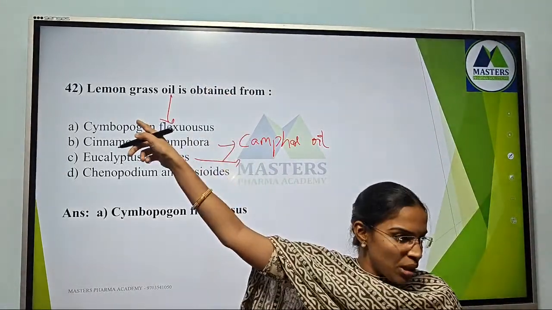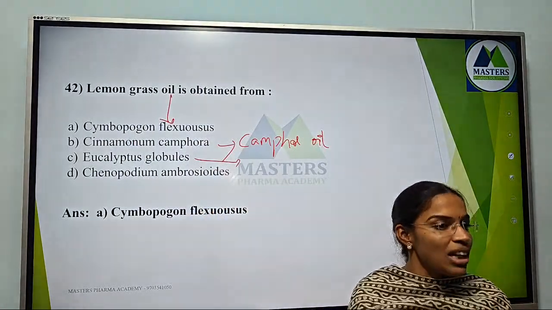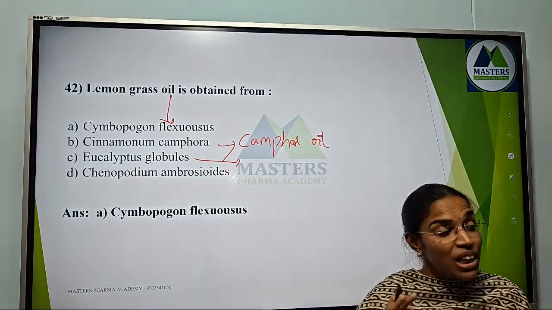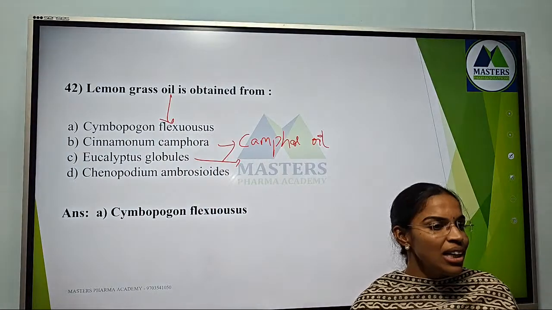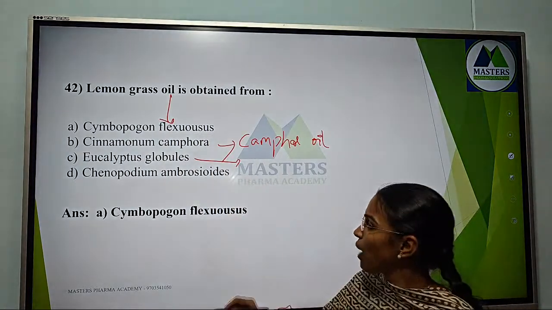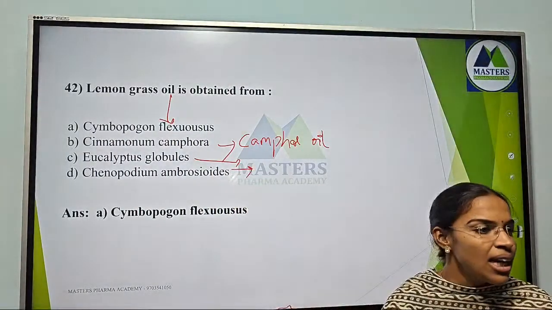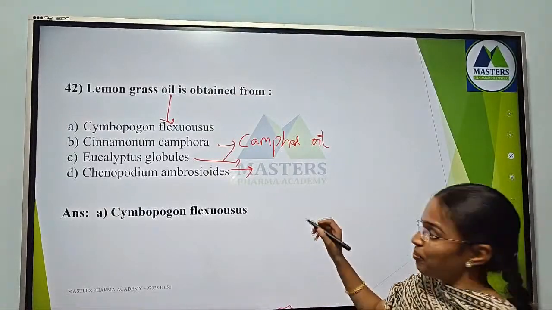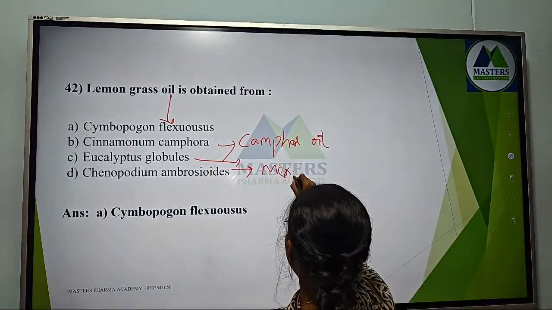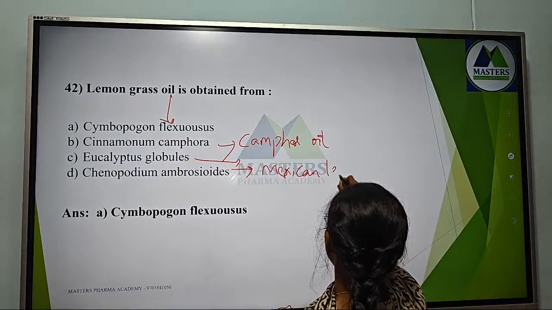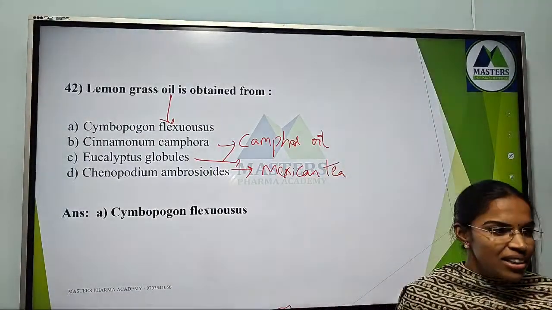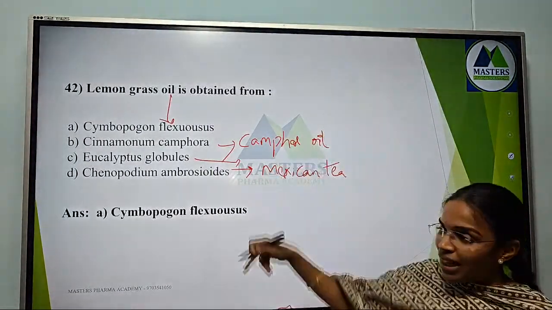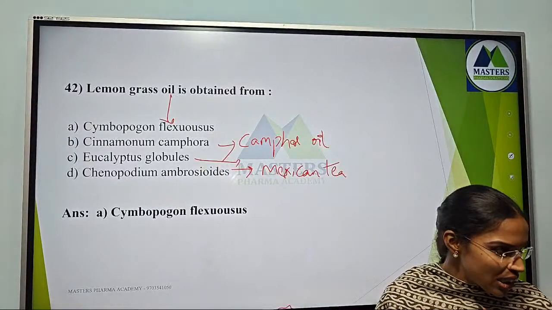Because we are studying lemongrass oil, I am telling you all this. What are the remaining constituents? Important constituents of remaining options. Chenopodium ambrosioides, Mexican tea. Okay, these are the important constituents of these various biological sources.